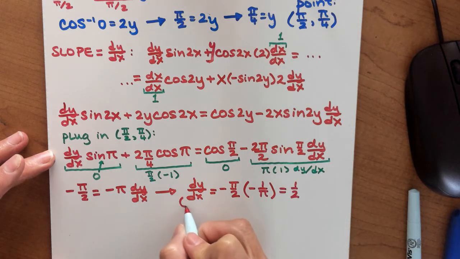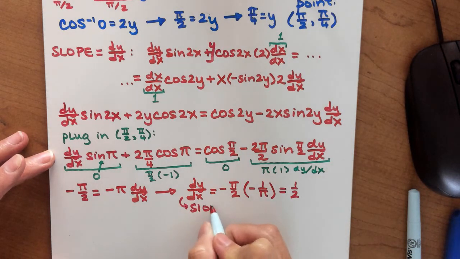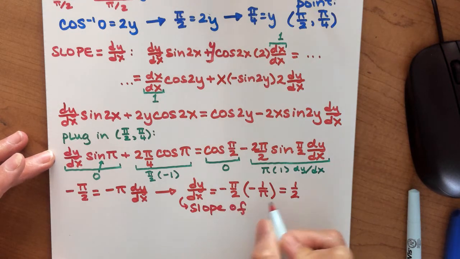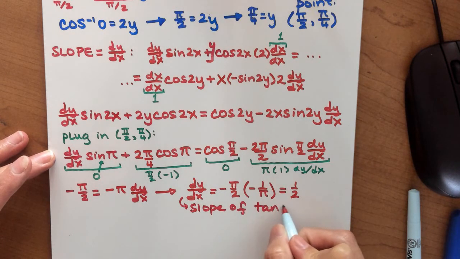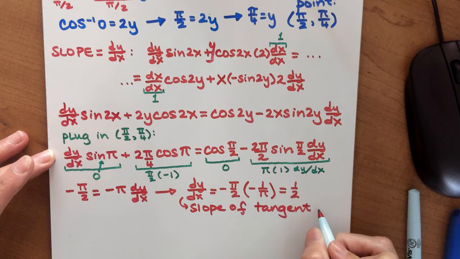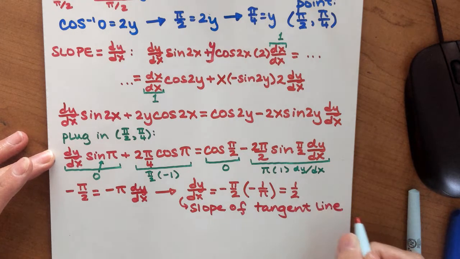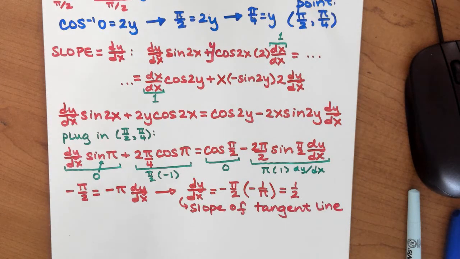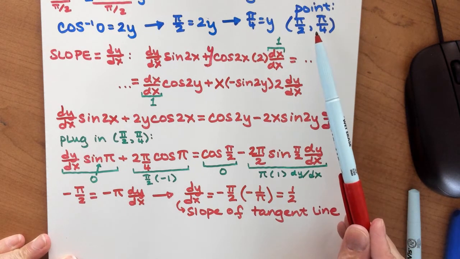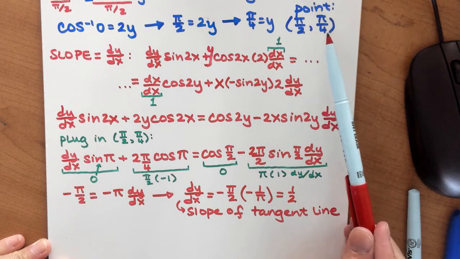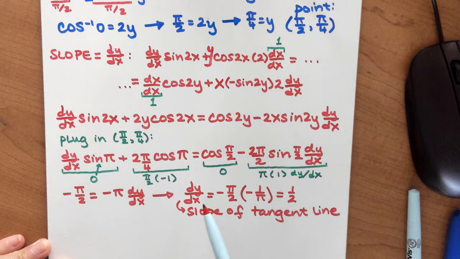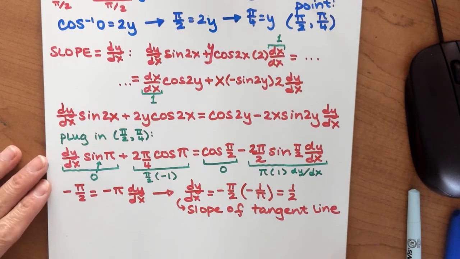And this is the slope of the tangent line. Alright, we have all the information we need. We have the point, remember we found the point up here, pi over 2, pi over 4, and we have the slope of the tangent line.